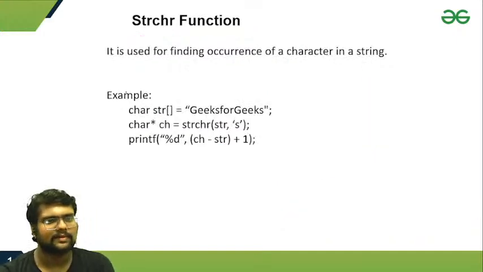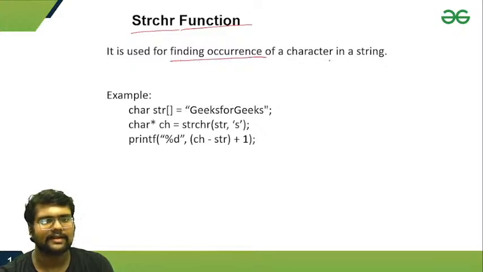Now let's move to our next function, that is the strchr function. This function is used to find the first occurrence of a character in a string. Suppose I have a string Shubham, and I want to find whether the character a is present or not.